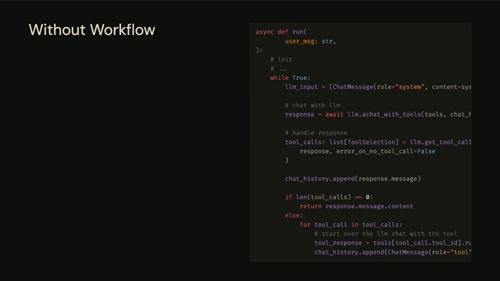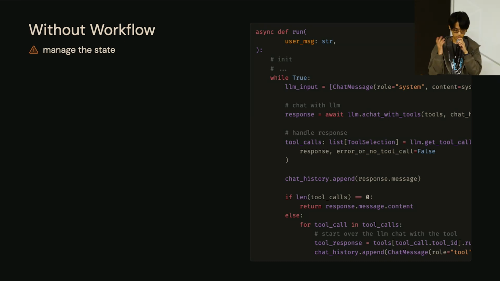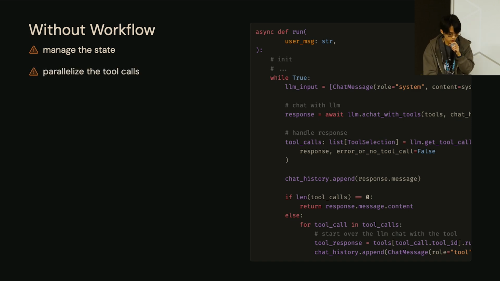You can see from this example, it's pretty hard to manage the state, right? You have to put all your state at the top level, and keep in mind whether it's global state or local state. It's also hard to parallelize the function calls, since this is just a single thread.